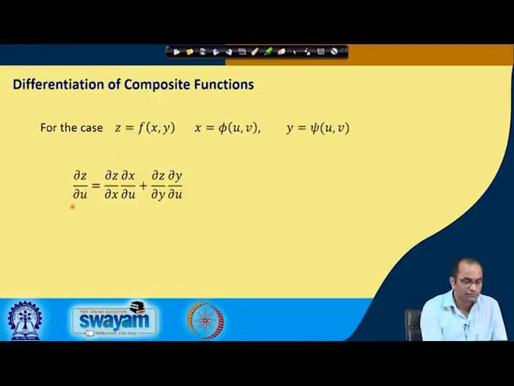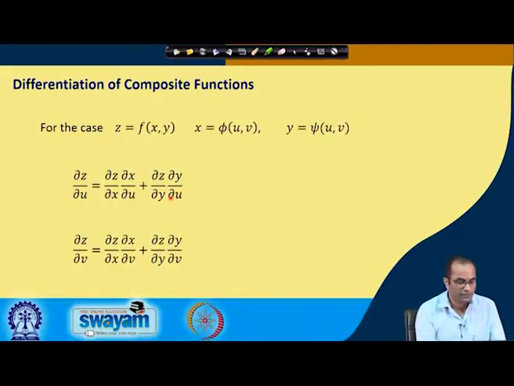We can use this formula: the partial derivative of z with respect to u is equal to the partial derivative of z with respect to x times the partial derivative of x with respect to u, plus the partial derivative of z with respect to y times the partial derivative of y with respect to u. Again, because we are differentiating z partially with respect to u, the u will come here and here also.